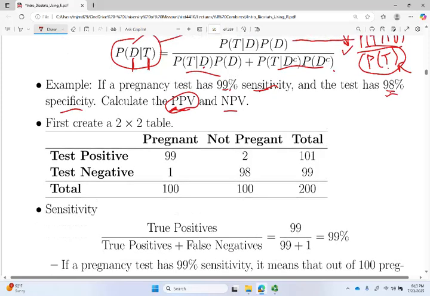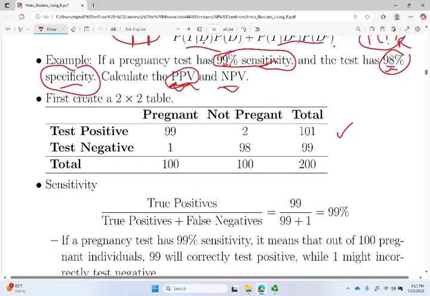So you can create this little made up data table that satisfies sensitivity and specificity, and then we can back calculate positive predictive and negative predictive value. So let's assume we have 200 patients and we want a 99% sensitivity.